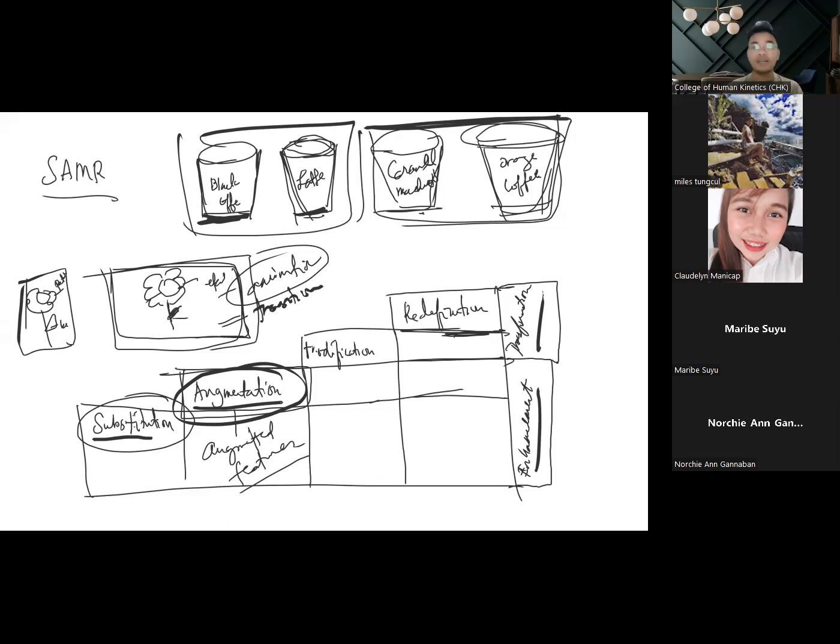Okay, do you understand? Naintindihan nyo ba? Yes. So halimbawa, kung hanggang ngayon, pag nagre-record ka ng grado mo sa Excel, ginagamit mo pa rin yung calculator mo pag nagre-record ka sa Excel, anong level yun?